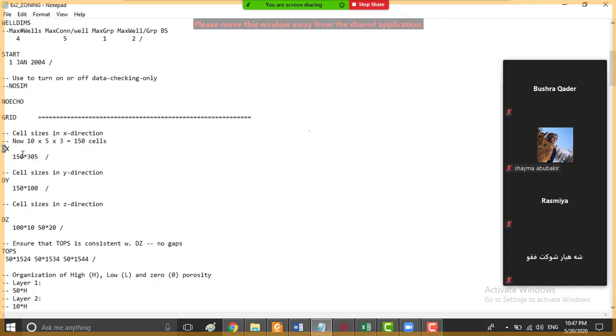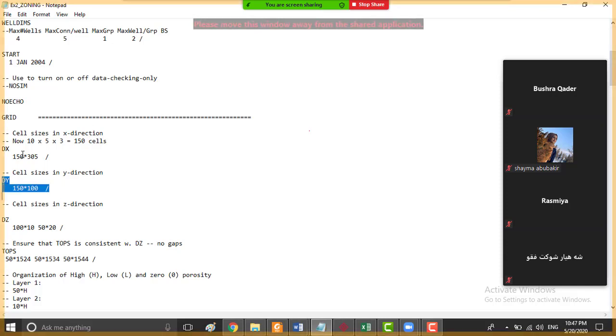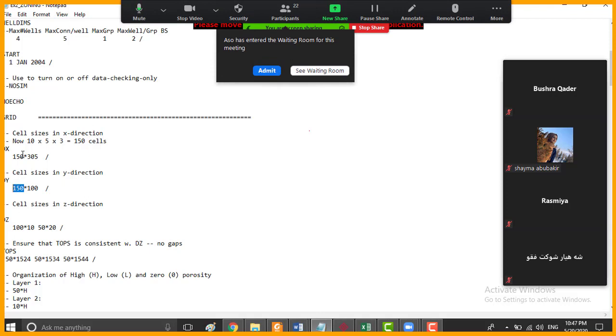We need to do the same thing for the y direction. Now, for each cell, we have to specify the length of the cell in the y direction. 150 cells we have, and for each of these cells, the length in the y direction is 100 meters.